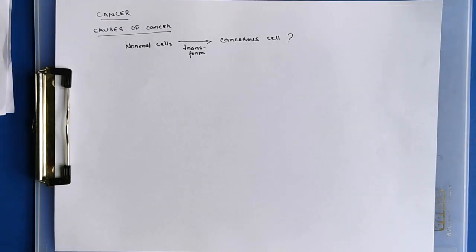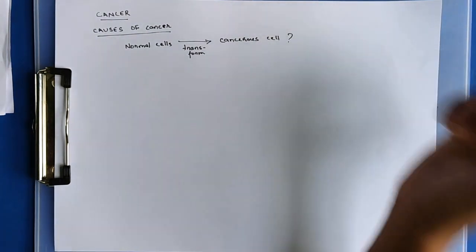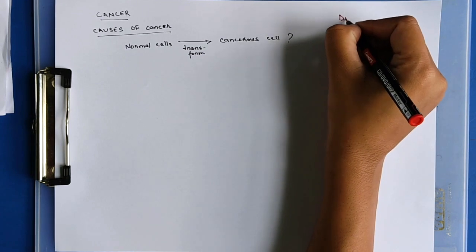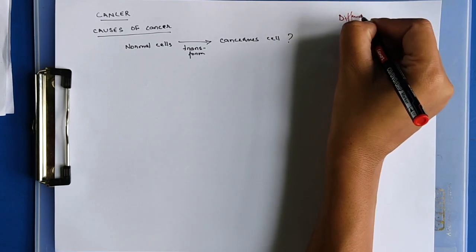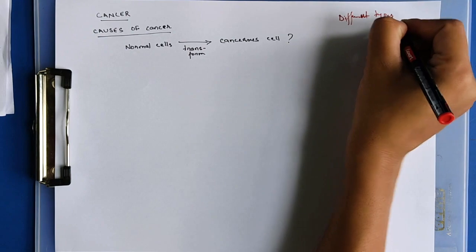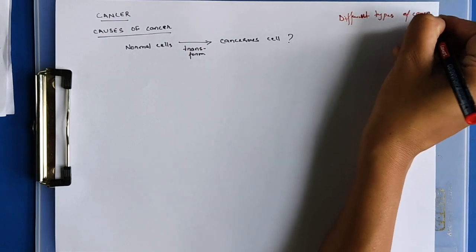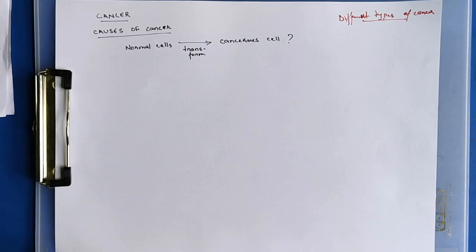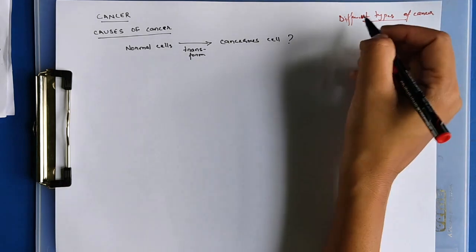Now, causes of cancer. There are more than 100 types of cancer, and they depend upon the type of cell that is initially infected.